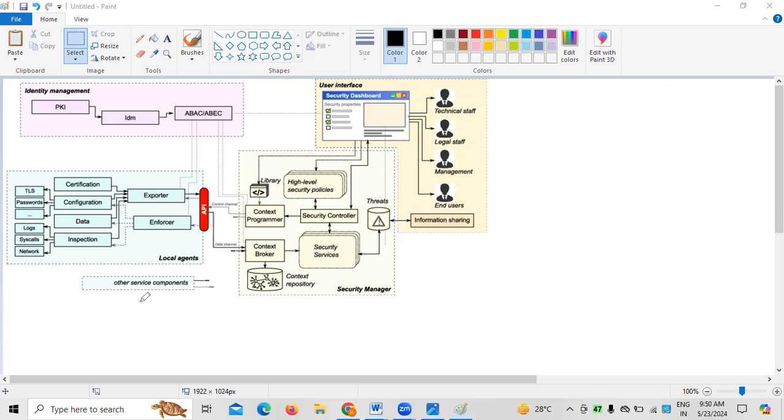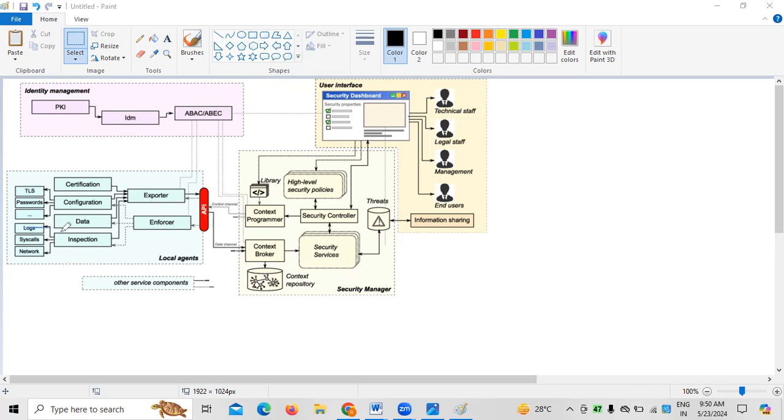In addition to that, it's always important for us to create some local agents by implementing certification processes, followed by the required configurations. At the same time, whatever data we are going to manage, how this data can be managed, followed by inspections at regular intervals.